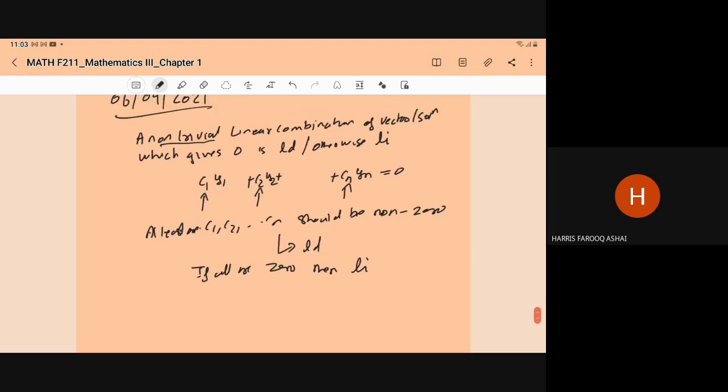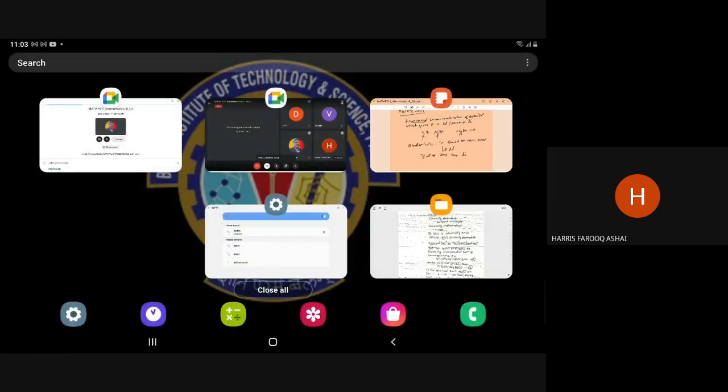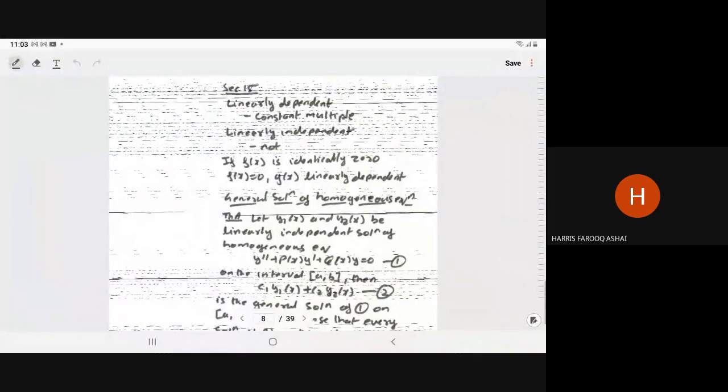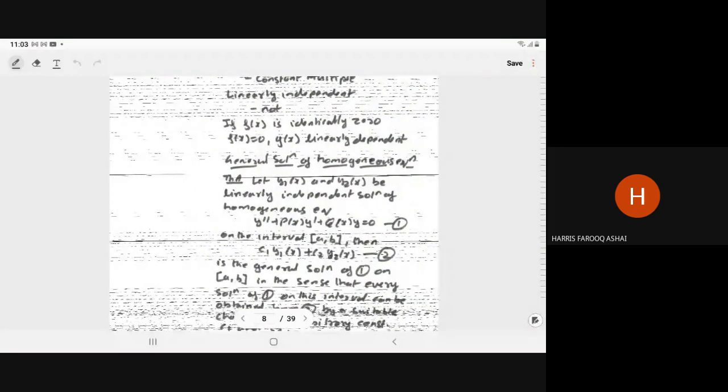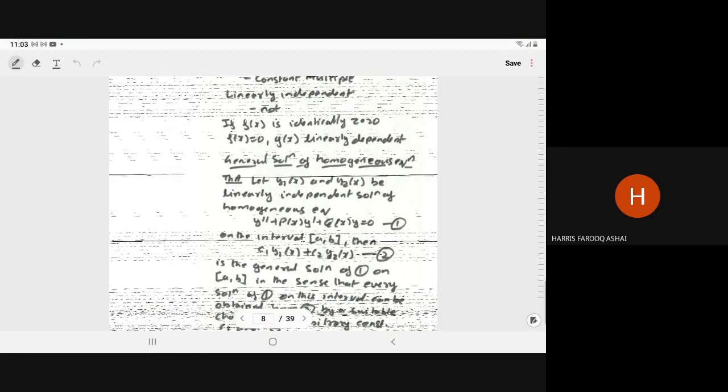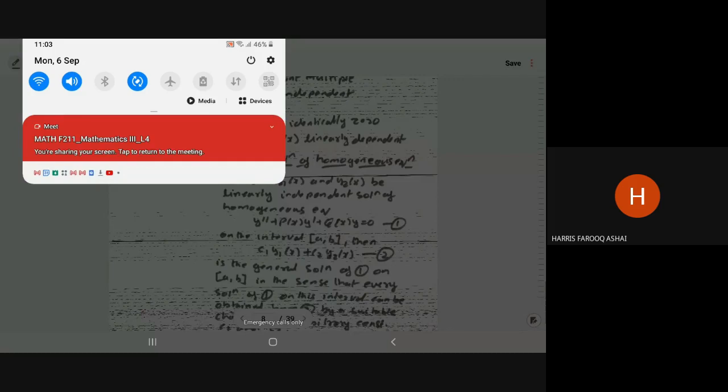Yes, sir. So let us start. We were discussing last time theorem 15 about the general solution of a homogeneous differential equation of higher order. Before that we have covered section 14, three theorems.